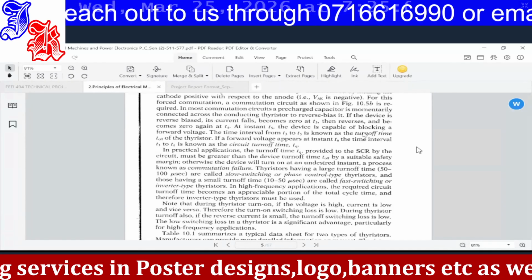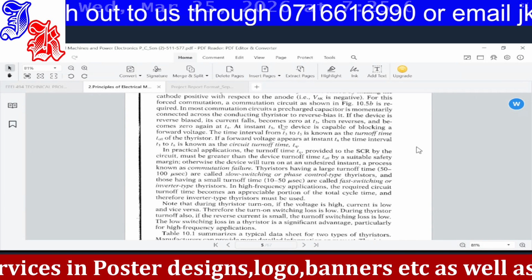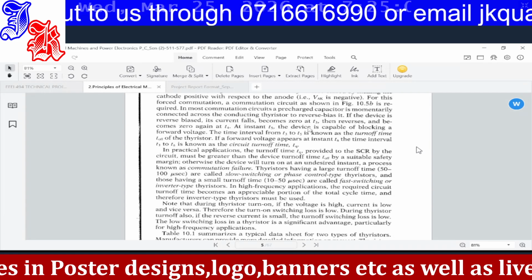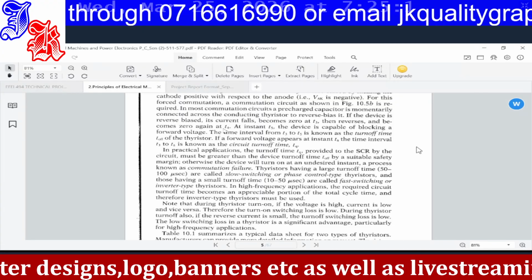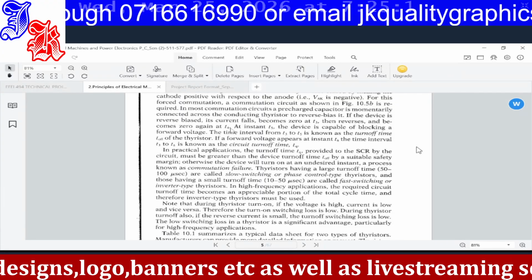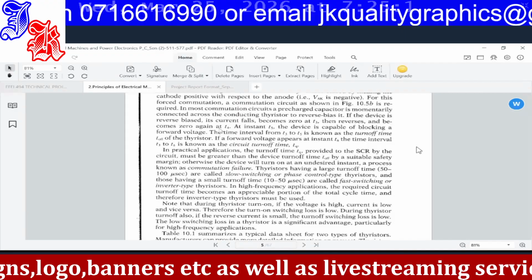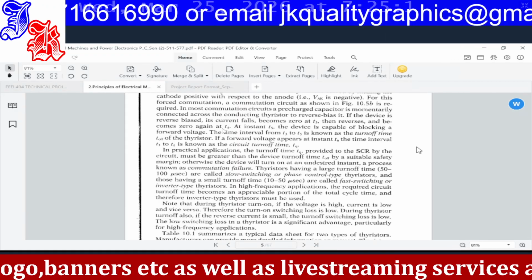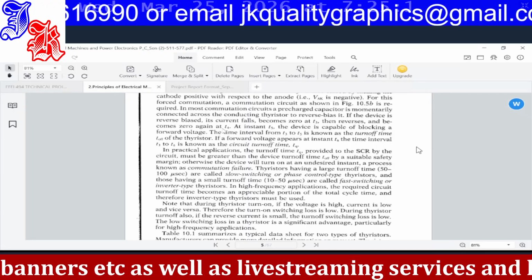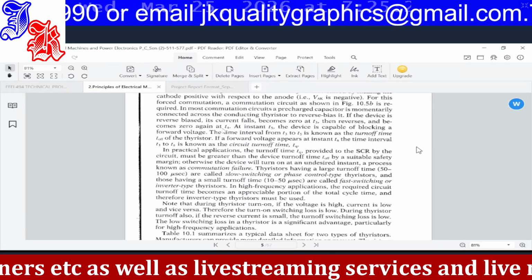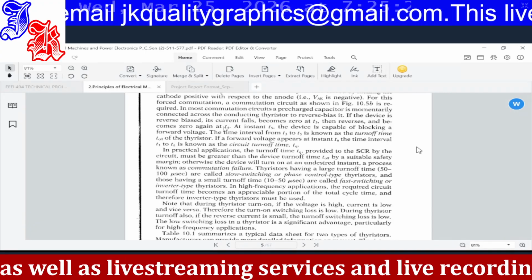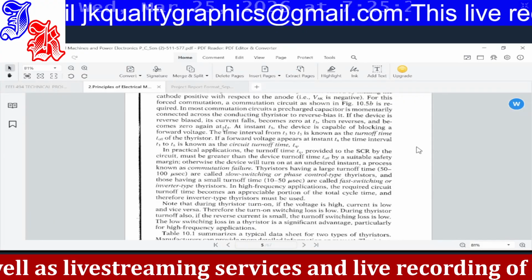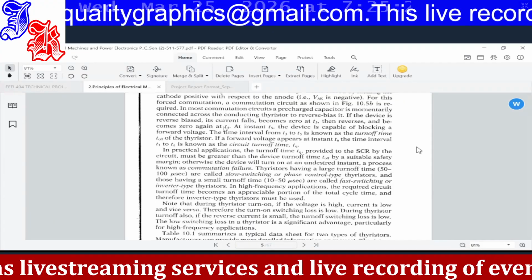So if the device is reverse biased, its current falls, becomes zero at T3, then reverses and becomes zero again at T4. So for a small span of time, it conducts in the reverse direction because of that reverse current or the leakage current, and mostly it's just the interaction of the electrons trying to fill the holes that are immediate, and then the depletion layer widens.